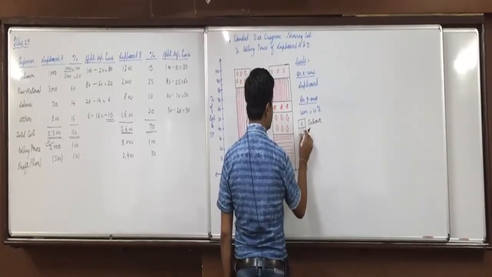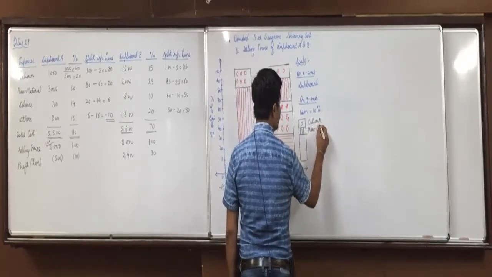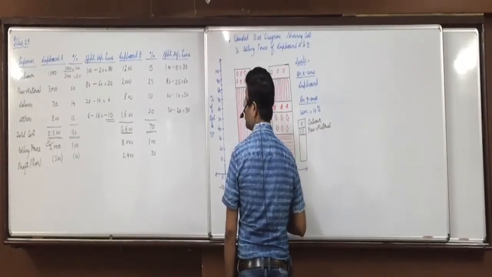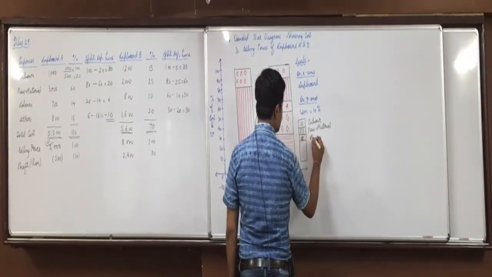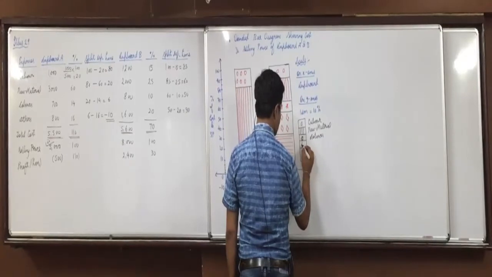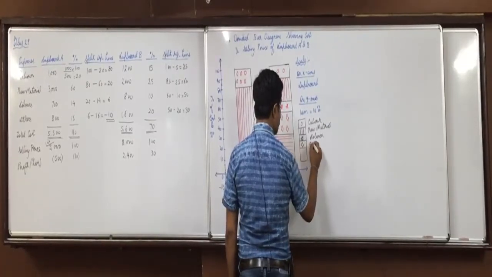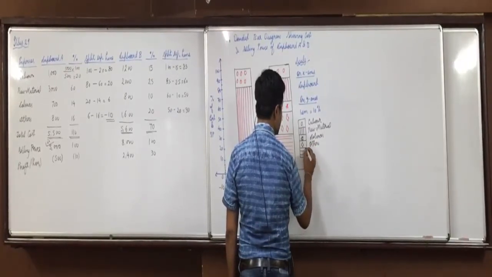Vertical lines is raw material. Stars are colors. Diamonds are others. And horizontal lines is profit or loss.